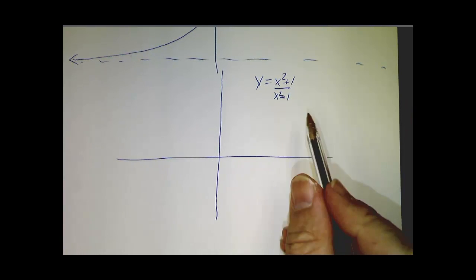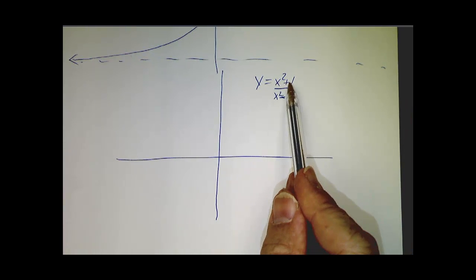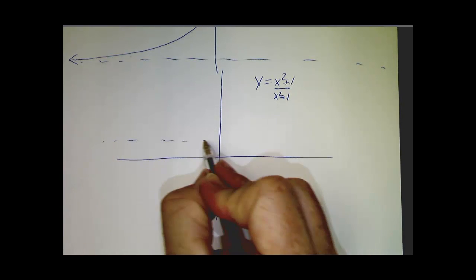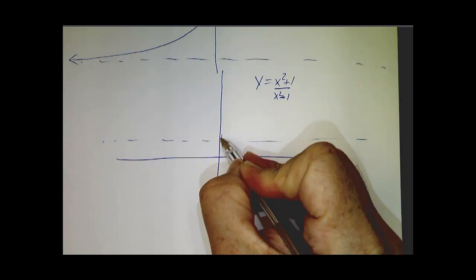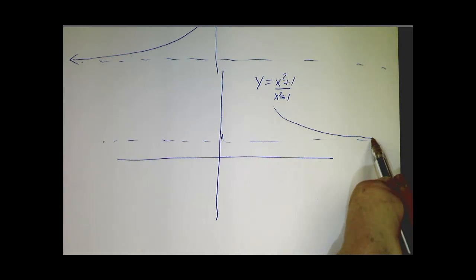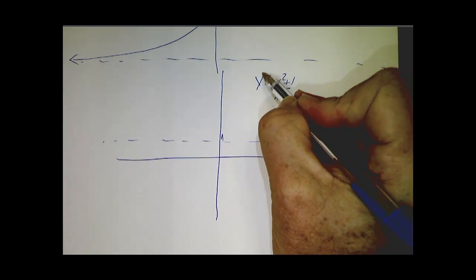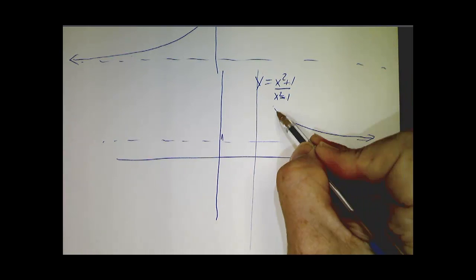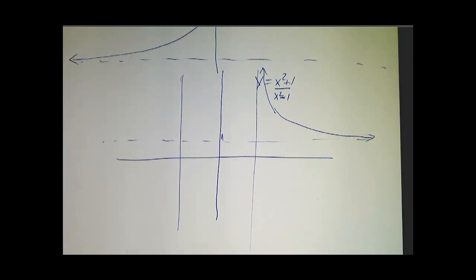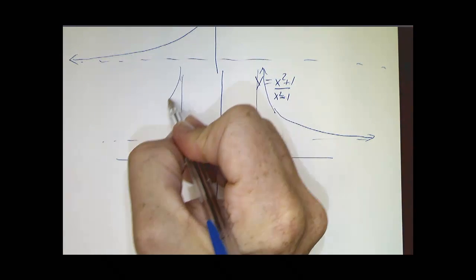If you plug in x equals 1,000, you get 1,000,001 divided by 1,000,000 minus 1. That's really close to 1. So as you go off to infinity, this approaches 1. As you go to minus infinity, it also approaches 1.